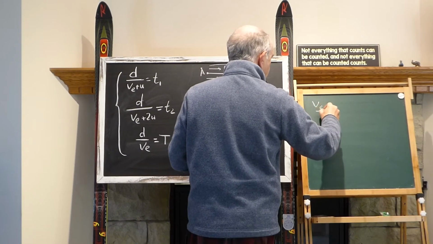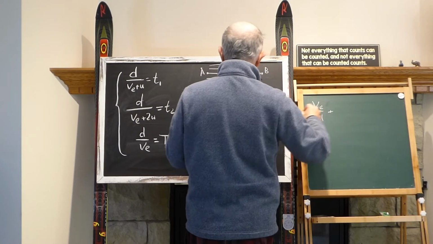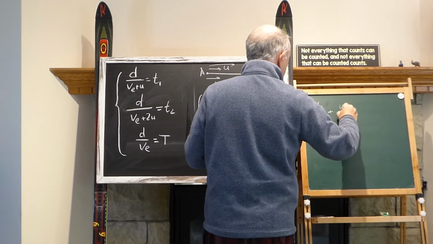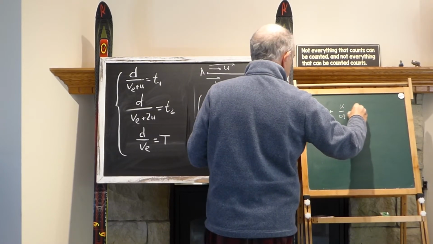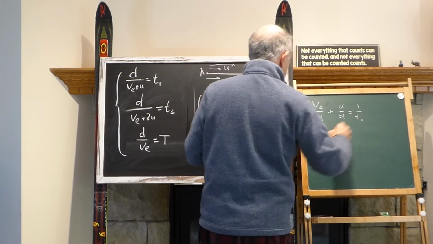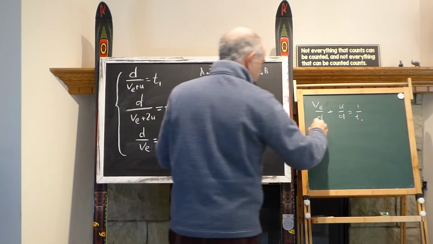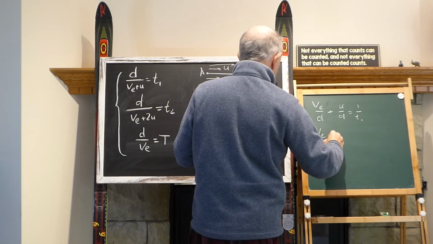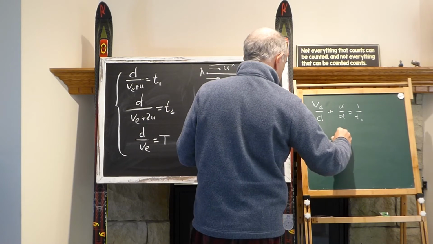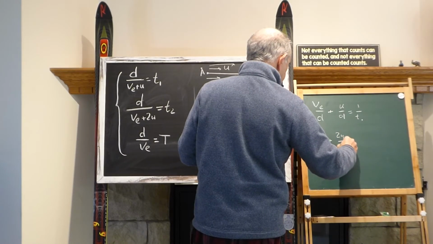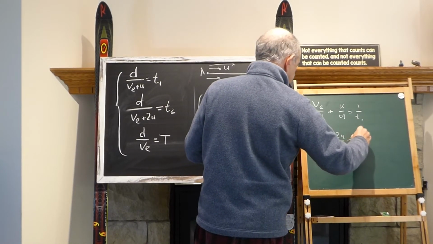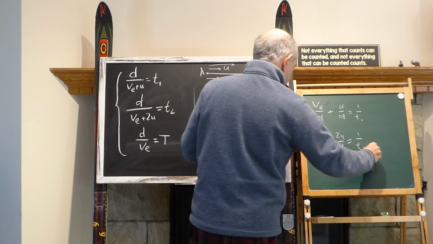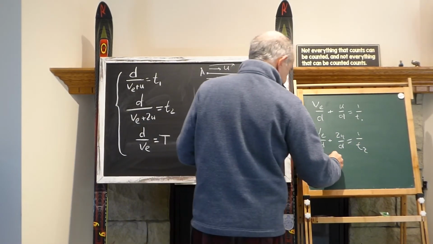So VE over D plus U over D equals 1 over T1, and VE over D plus 2U over D equals 1 over T2, and this stays like that.